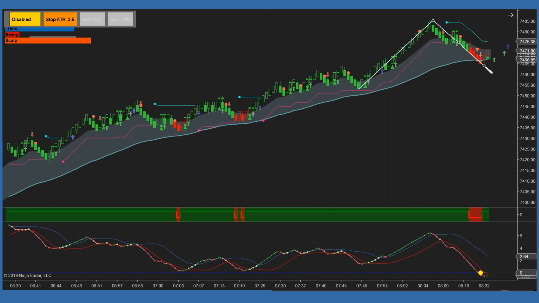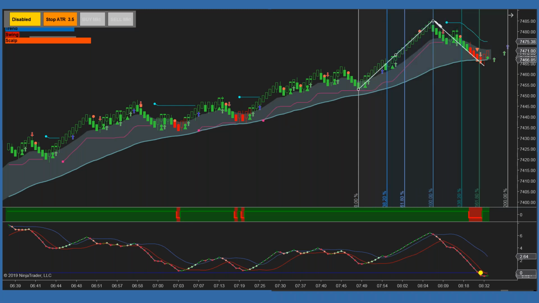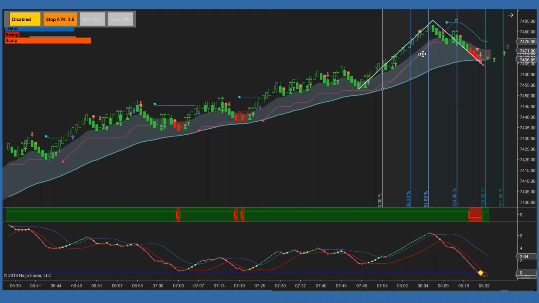It makes a 2/3 retracement. When is the time to get back in? Well, let's throw the fib extension on here. So we're going to do our fib extension from here to here. And now remember, we need to move it over.